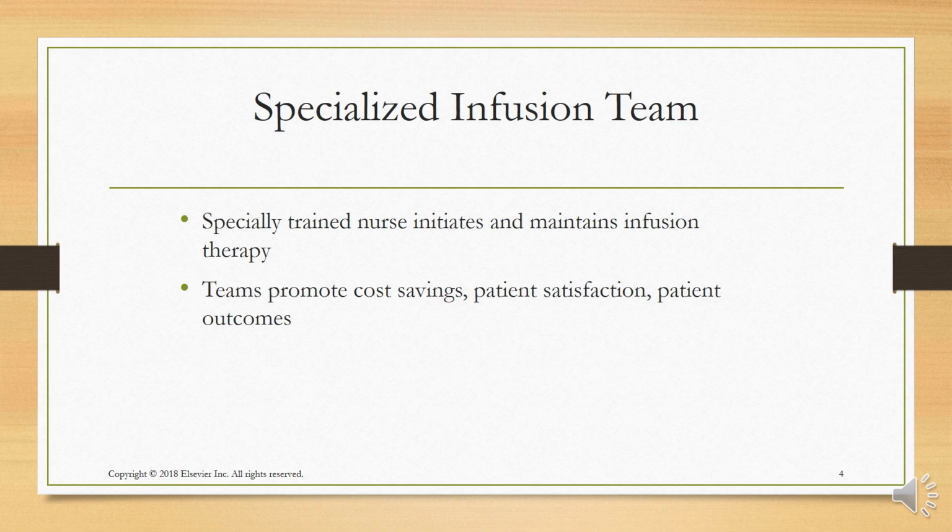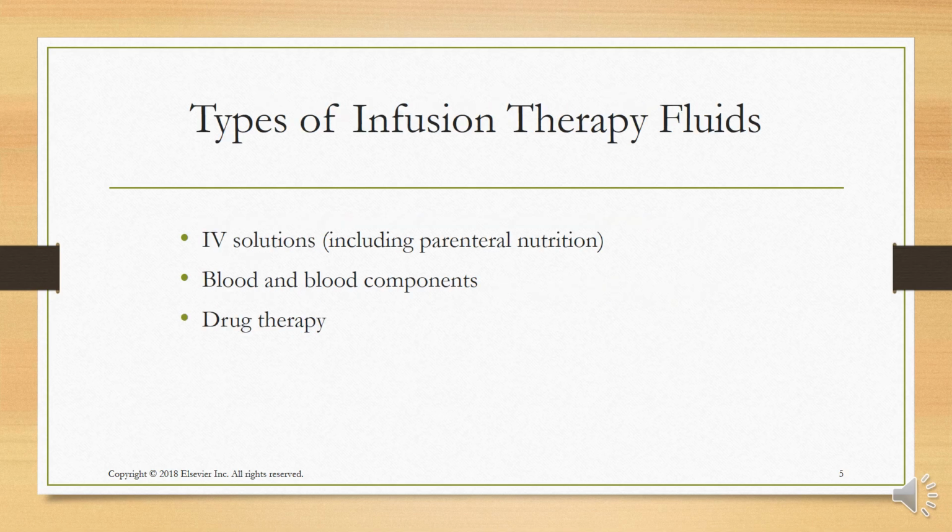Hypodermoclasis is just a subcutaneous injection of fluid instead of in the vein. And it can be isotonic or hypotonic, and it's to supply a continuous and large amount of fluid and electrolytes and nutrients. There are several types of infusion where a slow rate of fluid uptake is required.